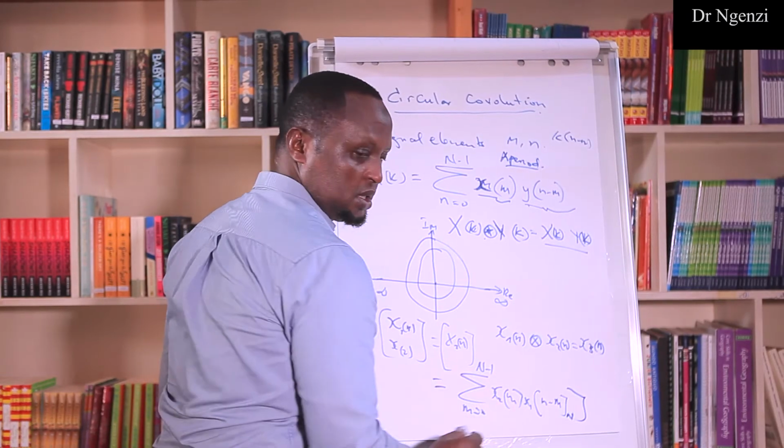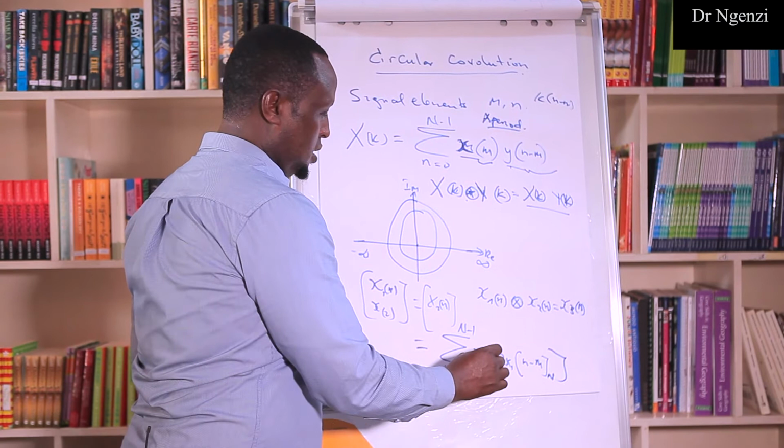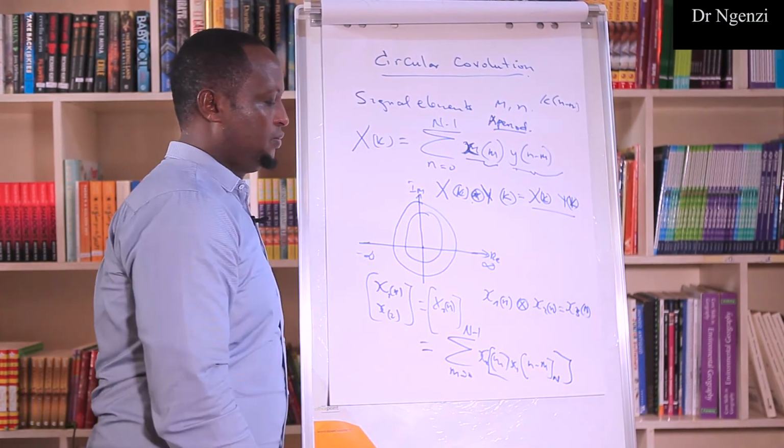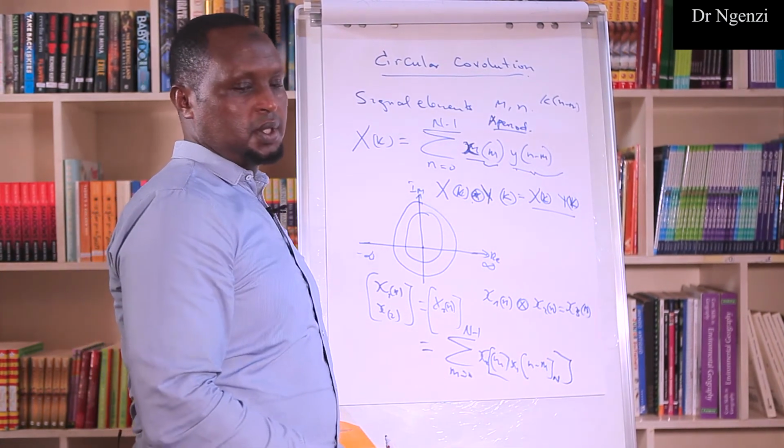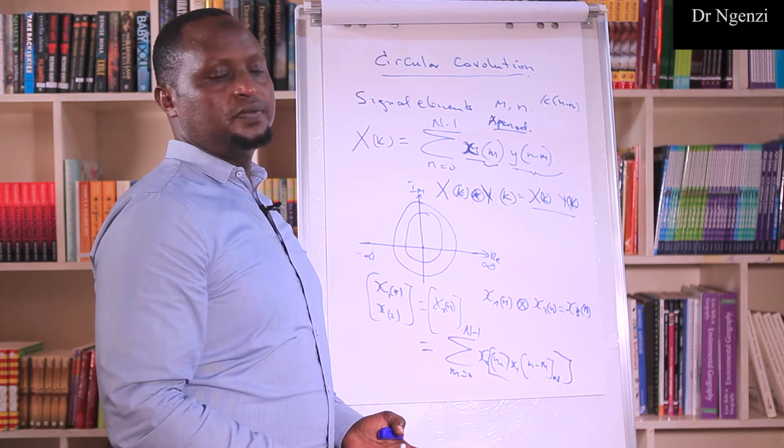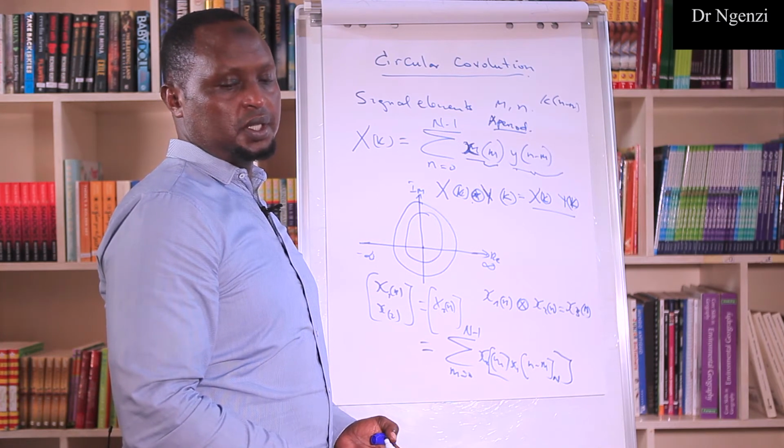So this is how you can calculate them, and these values can be computed using the convolution sum.